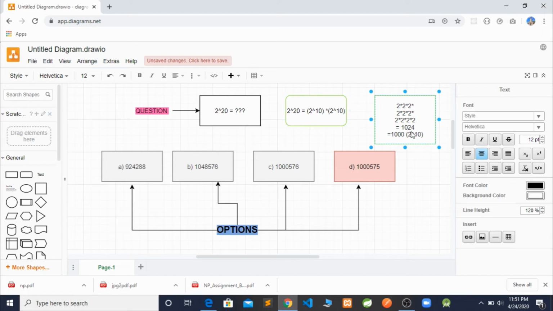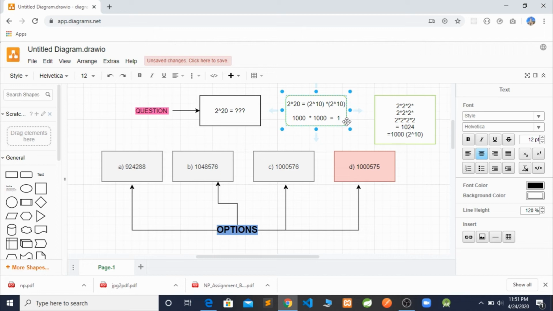So basically what we are going to do is multiply 1000 times 1000. So how much is that? If you don't know, I'm going to solve it, but I am sure that you know it.